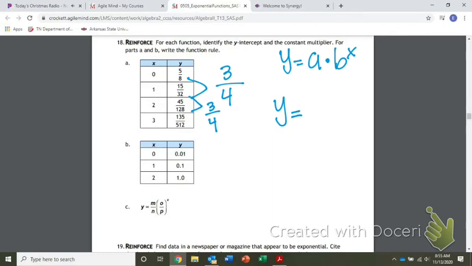When x is 0, 5 over 8, times, what's my constant multiplier? 3/4, but what do I have to put around 3/4? Make sure you keep your x up top.